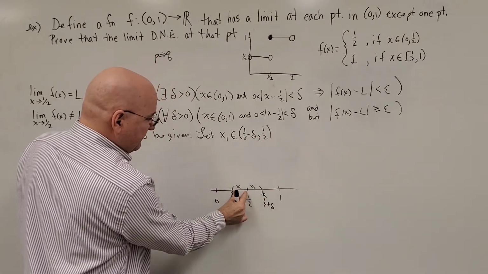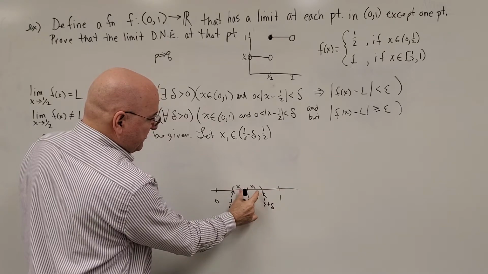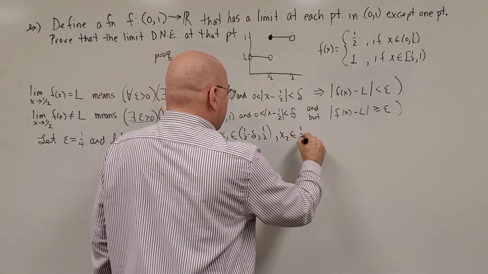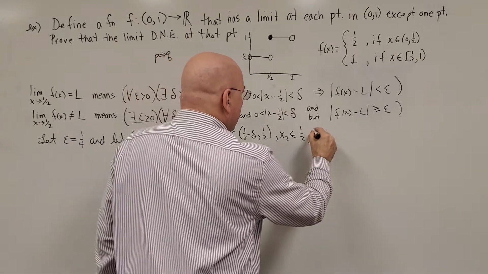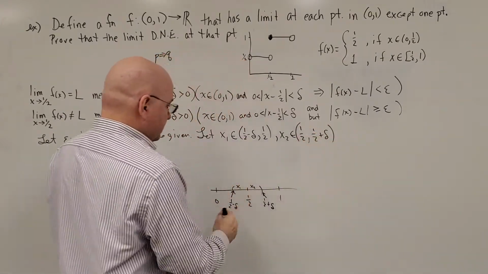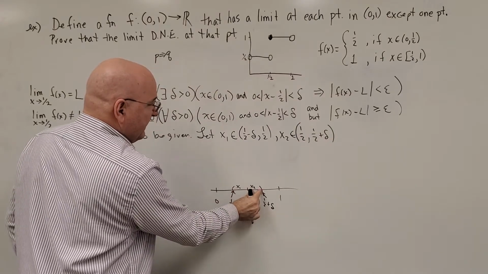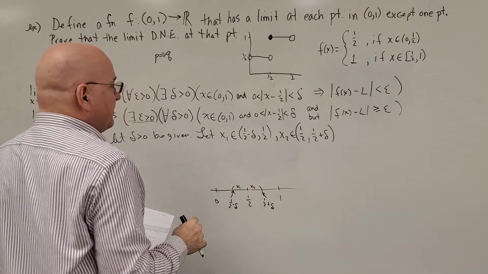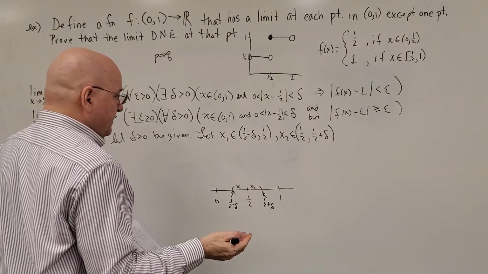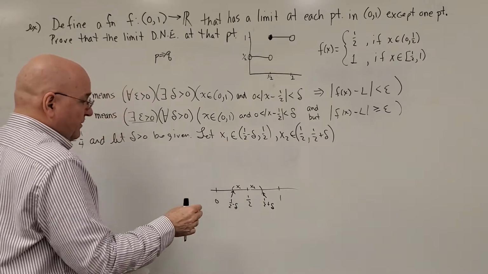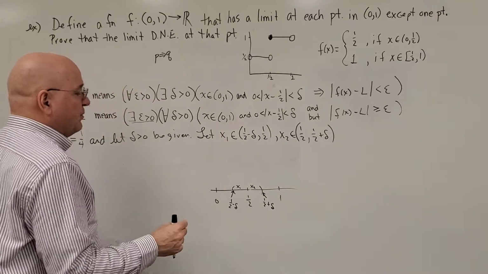That puts it right in the left half of this interval. And then x2 is going to go from 1/2 to 1/2 plus delta. So we've got x1 in this region and x2 in that region. That guarantees that they are both within delta of 1/2.